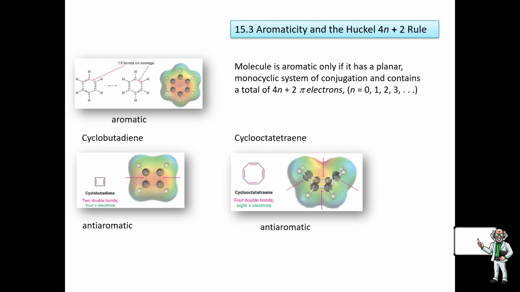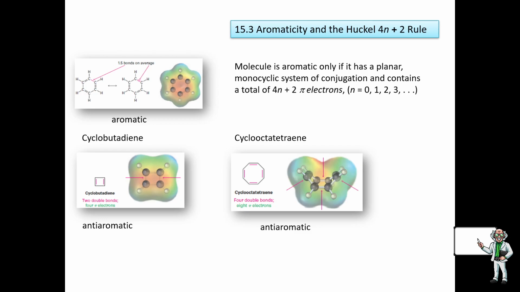This concept of aromaticity, we can extend it to other cyclic compounds. Huckel was studying this type of compounds and arrived at the conclusion that a molecule is aromatic only if it's planar. All the atoms of the ring must be at least sp2 hybridized, sp2 or sp. That means they have to have a pz orbital in order to form the p system.